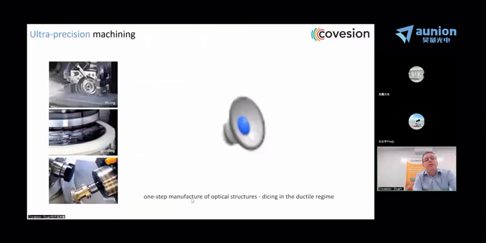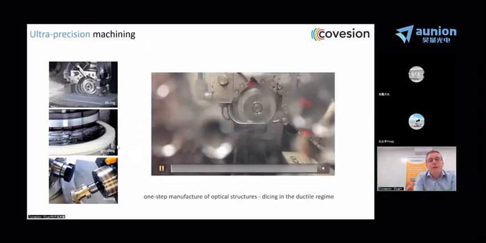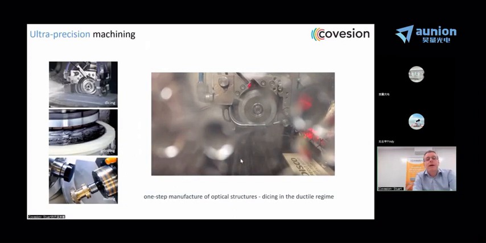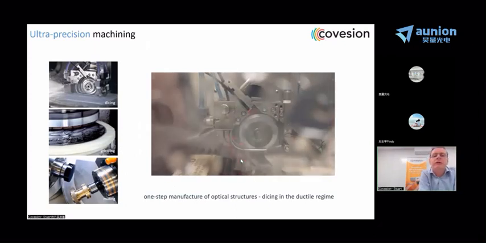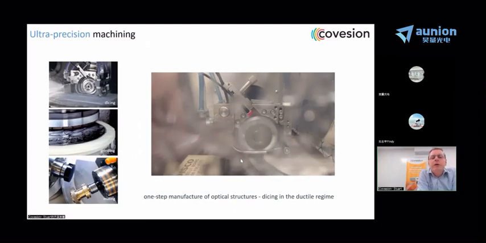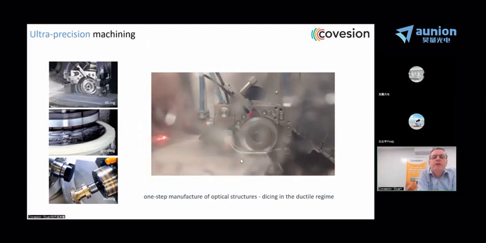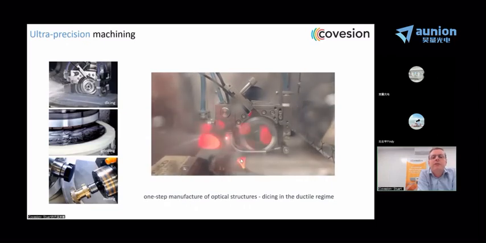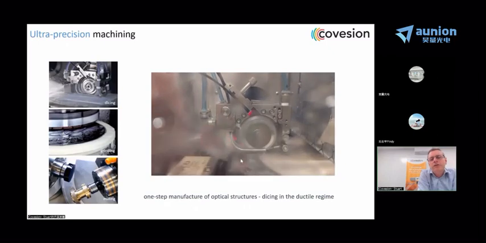Key part of our process is the dicing itself. So hopefully you will see a video playing now. And this is a video of our dicing process. So for the dicing process, we make use of a very high precision dicing saw, which is housed within the University of Southampton. The dicing process is a ductile process.